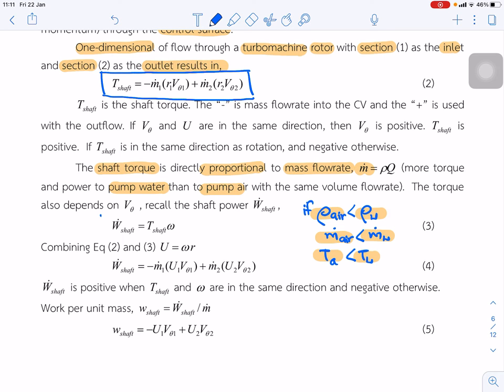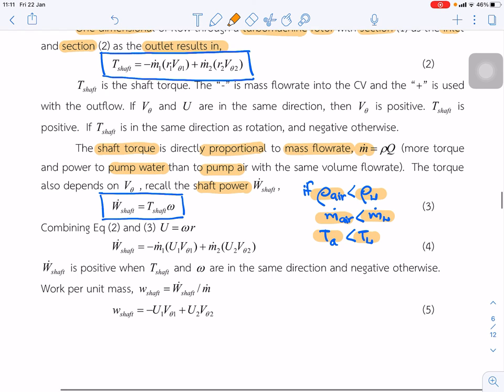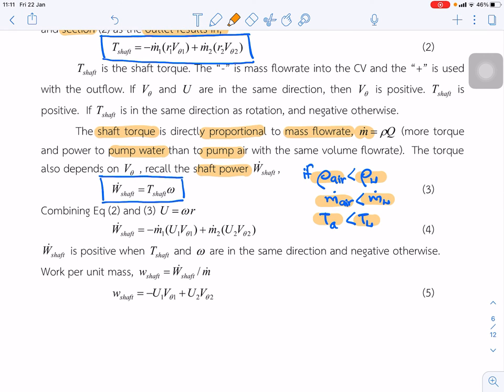And this equation is for the work, the shaft power. This equals W dot shaft, the torque times the angular velocity. We combine equation 2 and 3 to get this equation.